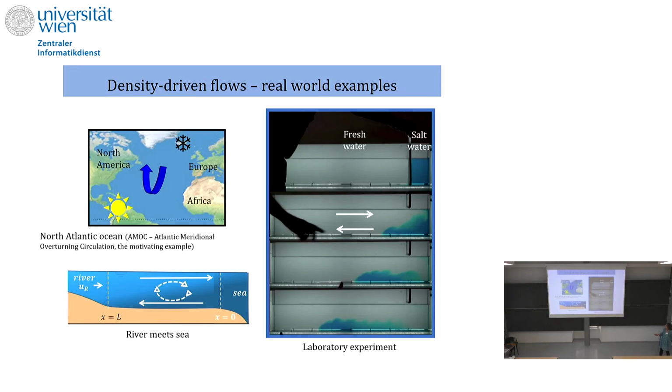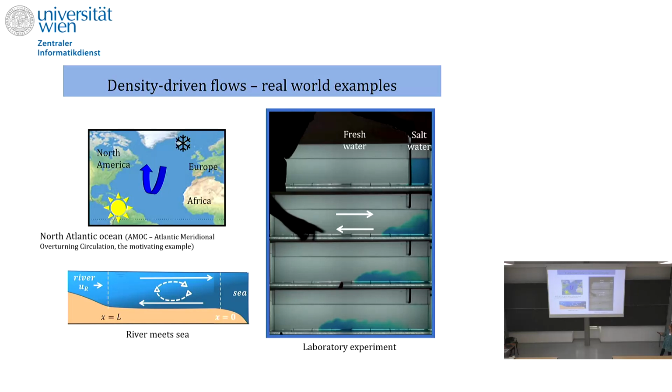currents. Most relevant for us, the motivating example for what we have been doing is the AMOC, the Atlantic Meridional Overturning Circulation, in which one thinks about cooling in the north by the cold weather there and heating in the south, causing this recirculation pattern.